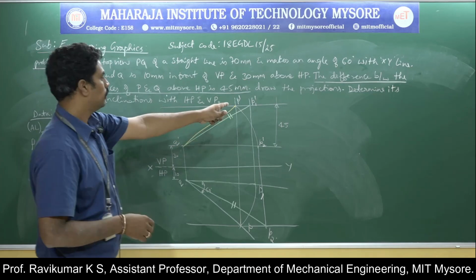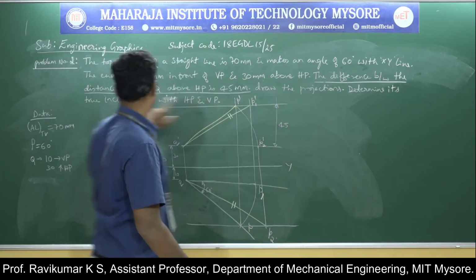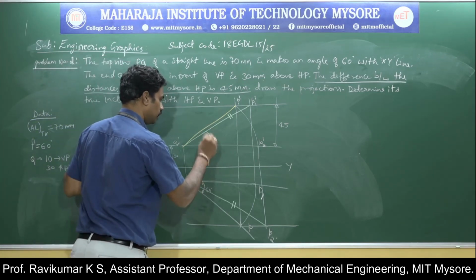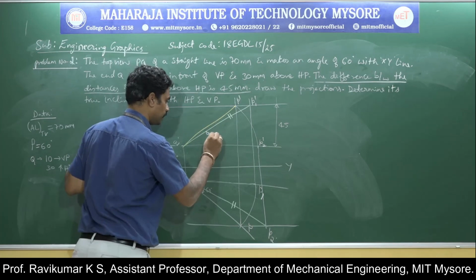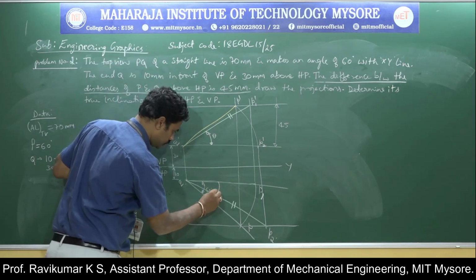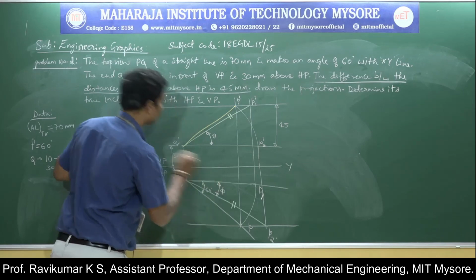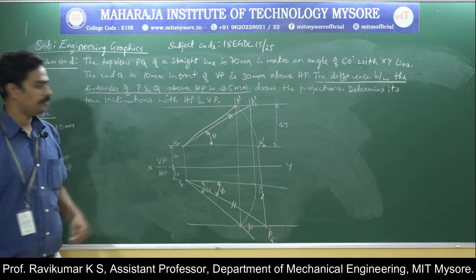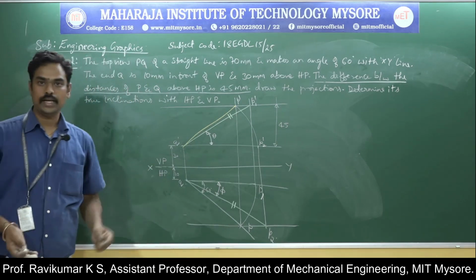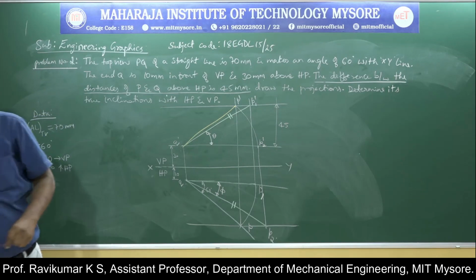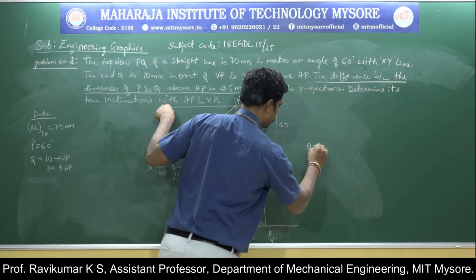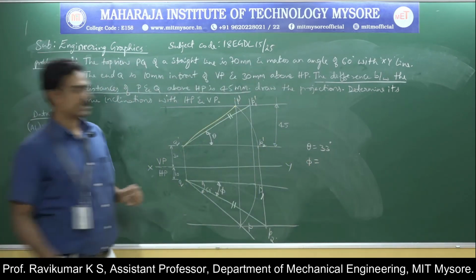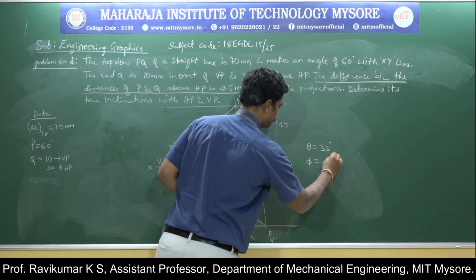Now the projections are drawn. Determine its true inclinations. I need to determine the true inclination with HP, that is theta, and the true inclination with VP, that is phi. If you draw it to scale, you will get theta equal to 33 degrees and phi equal to 47 degrees.